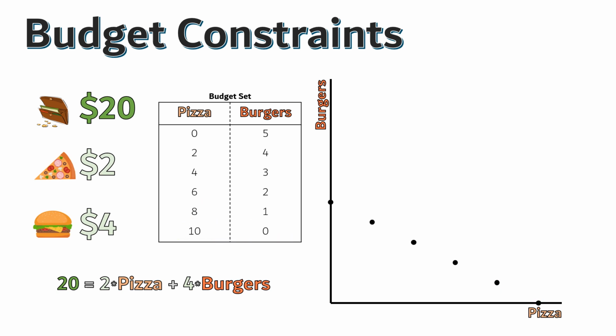All of these options cost $20. And if it is possible to buy fractions of a pizza or burger, a point on the line which connects these dots is also an option. But even if you can't, the line implied by the equation is what we label the budget constraint.